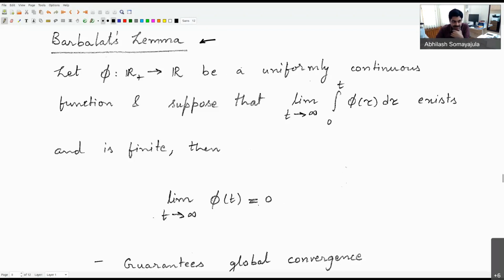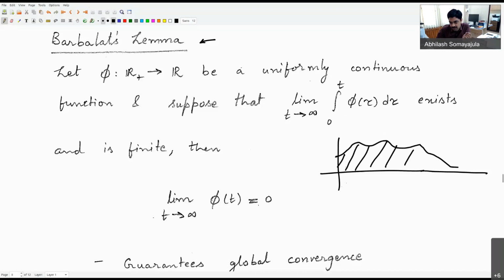What it is basically saying is that if I plot the value of phi versus time, so let's say I start and do something, the area under this curve exists and is finite. That is this integral. Then I can actually show that as time tends to infinity, this thing has to go down to 0.